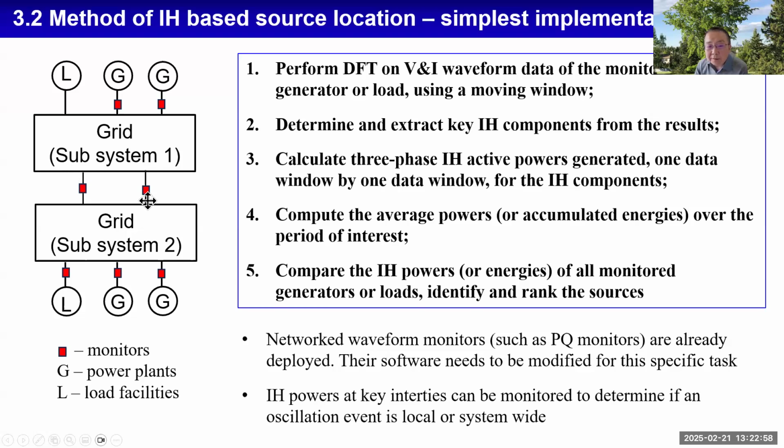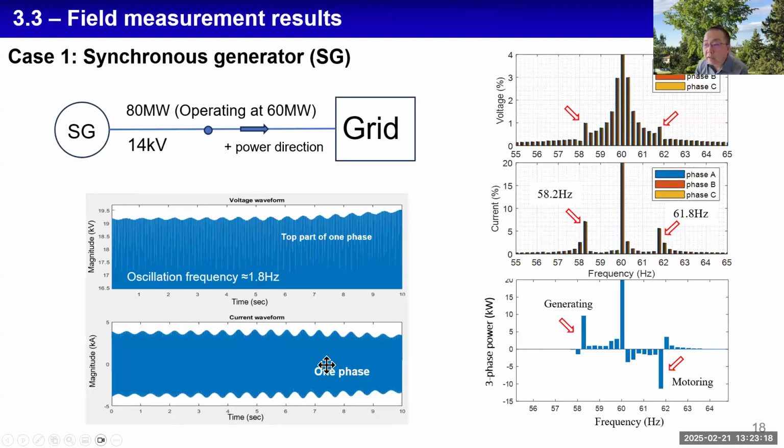We can also monitor key interties to determine if a particular oscillation is a local oscillation or a system-wide oscillation, by correlating the event starting and ending times with the locally recorded interharmonic results. Okay, here are the four field measurement cases. First is a synchronous generator.